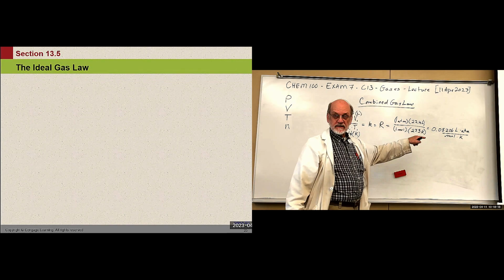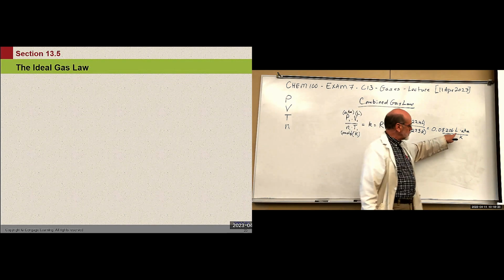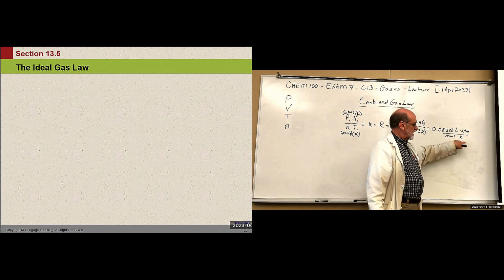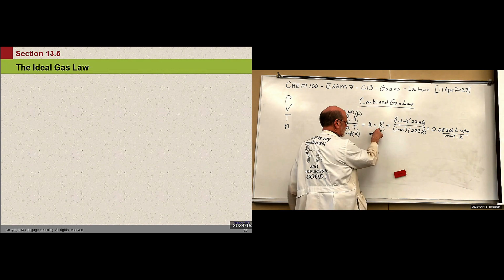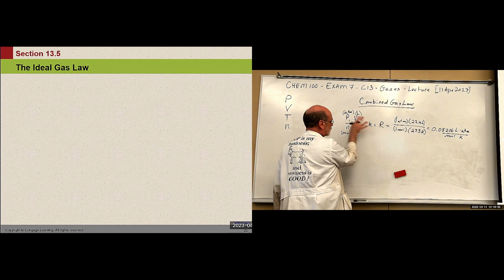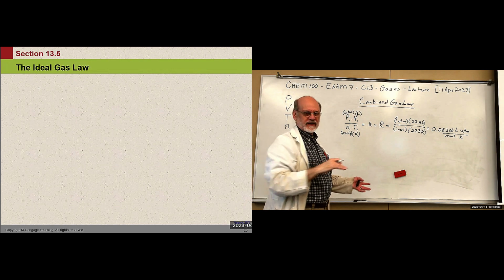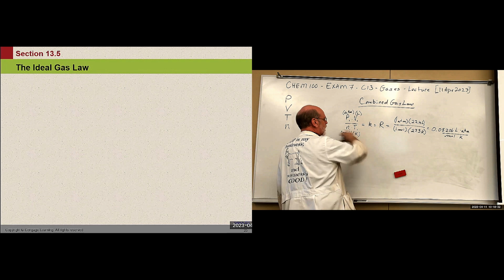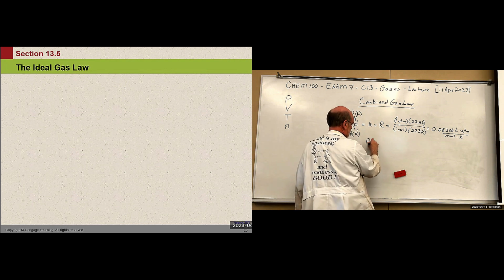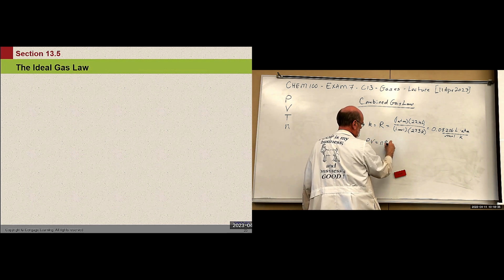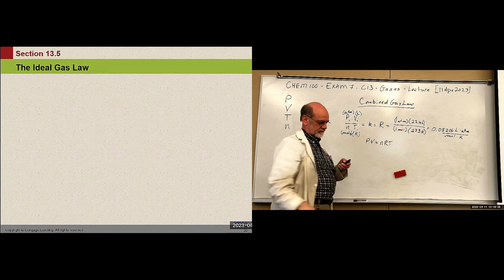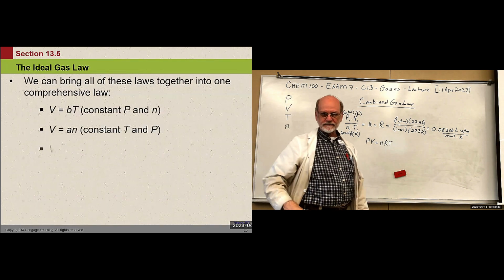Now we have a constant. And as long as we use the right units of measure, this constant will be equal to that relationship. Now it's usually written differently. We rearrange it so we can write it on one line.